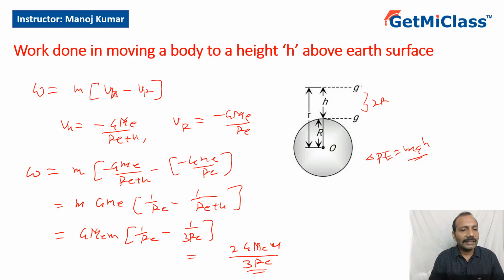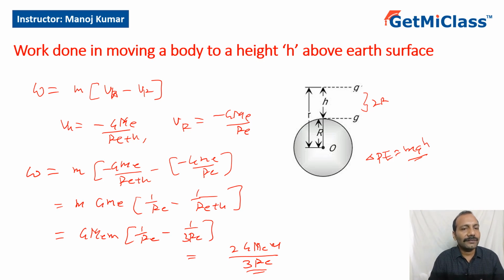So let's have a quick review of what all things we have seen. We have seen what is gravitational potential energy. The work done in assembling the system of masses is stored as gravitational potential energy of the system, and we have seen that gravitational potential energy is negative because gravitational force is always attractive in nature. And then we have seen what is the relation between work and gravitational potential.